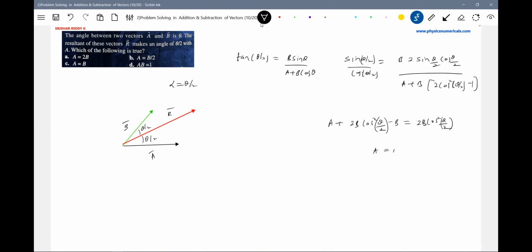So finally A equal to B. Agreed? Or else very simple, no? If the two forces are equal, then the resultant will make equal angle with both the vectors. Directly then A and B should be equal. I'm showing this mathematically here.